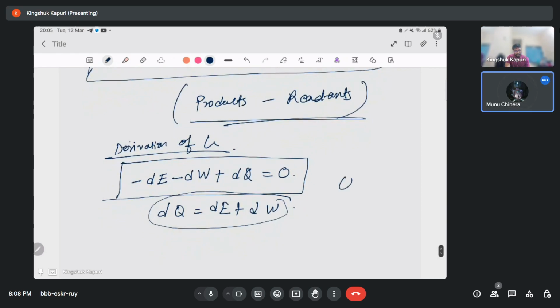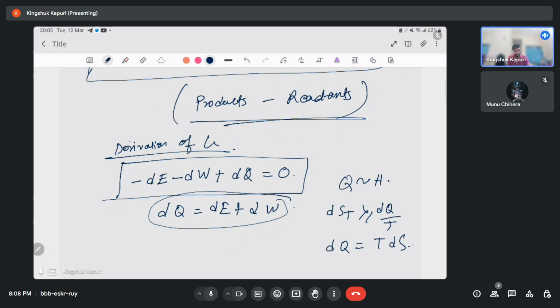And Q is equivalent to H, and we also know that dS, the thermal entropy, is greater than or equal to dQ/T. So dQ equals T dS.